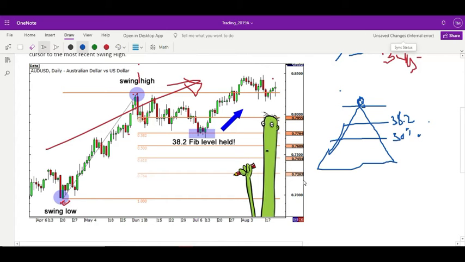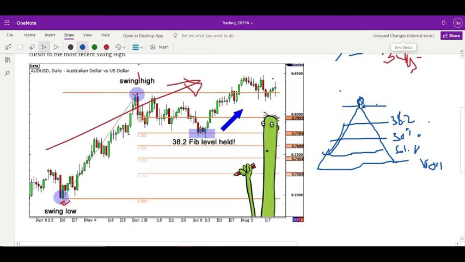I'm saying 50% level because the likelihood of a market to bounce at this support is 50%. Another one is 61.8. The last one is 100%. So let's summarize: 0%, 38.2, 50%, 61.8%, 100%.